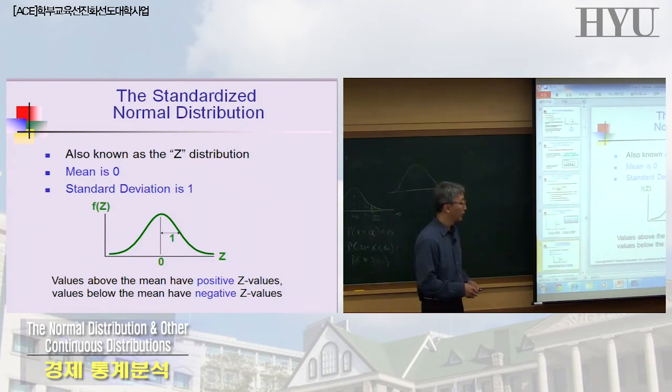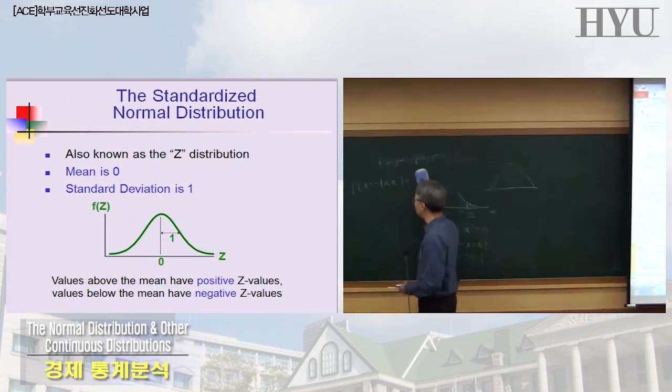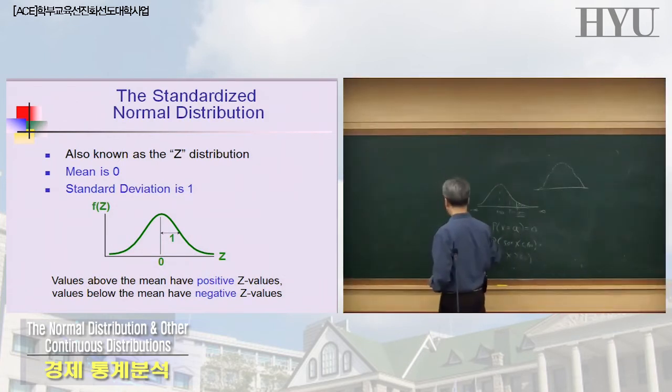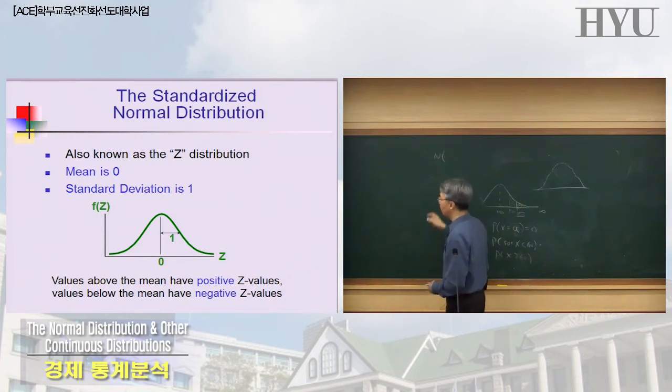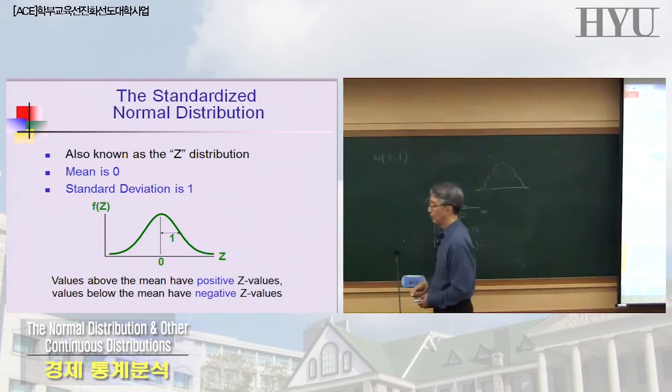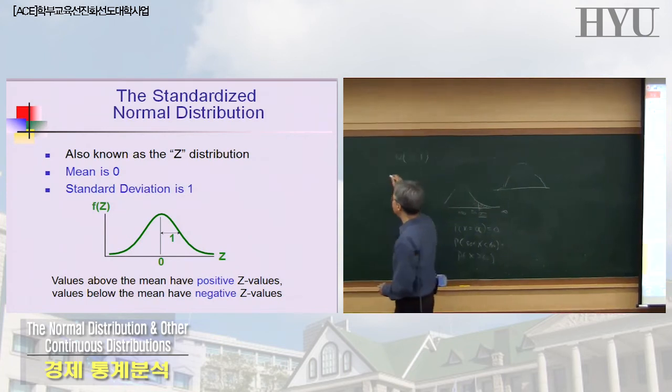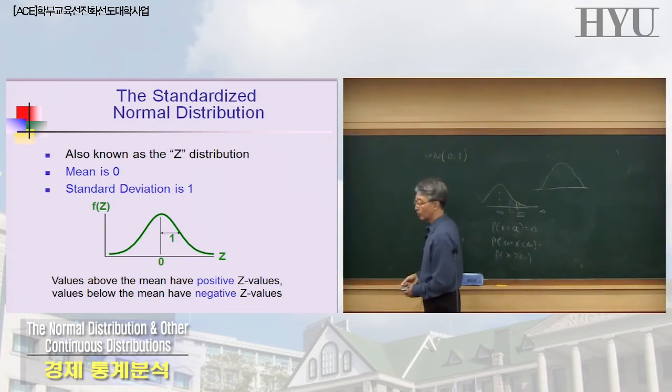It's called the standard normal distribution, which is a normal distribution with a mean value of 0 and standard deviation of 1. Then we say this is a standard normal distribution.